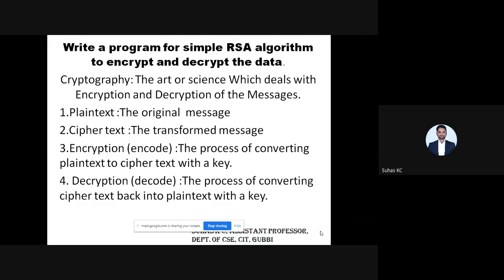There is something called plain text, and something called ciphertext, that is the encoded message, or you can say the transformed message. If you see the ciphertext, you are unable to tell what the message is. Why? Because it is encoded to some other form.